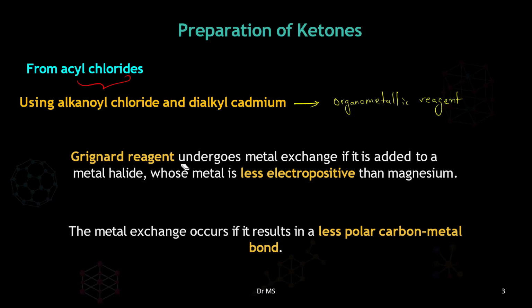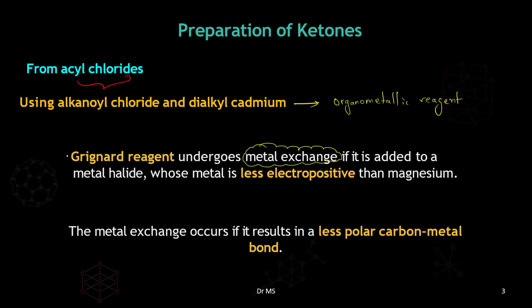So what happened here? A Grignard reagent undergoes metal exchange if it is added to a metal halide whose metal is less electropositive than magnesium. That means a metal exchange will happen when the Grignard reagent interacts with the metal halides.